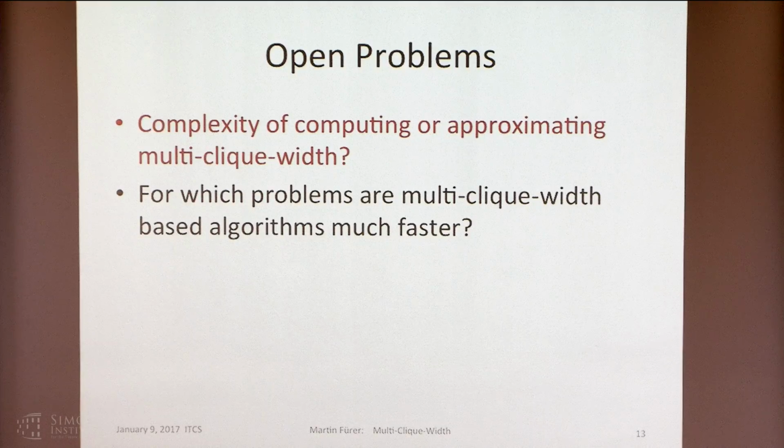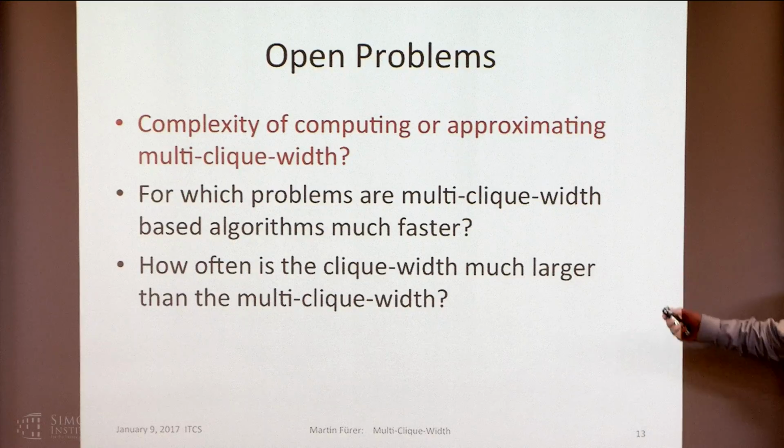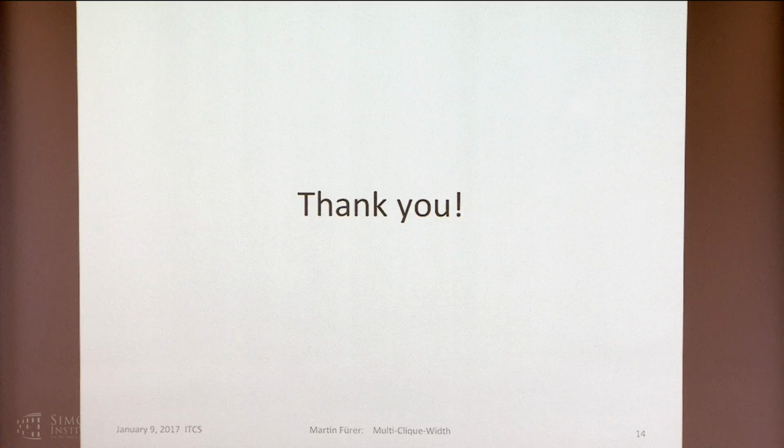We don't know how to compute efficiently the multi-clique-width. And another open question is how many such applications like independent sets do we have where this parameter is actually helpful? How often is clique width much bigger than tree width? Clique width bigger than multi-clique width, sorry.